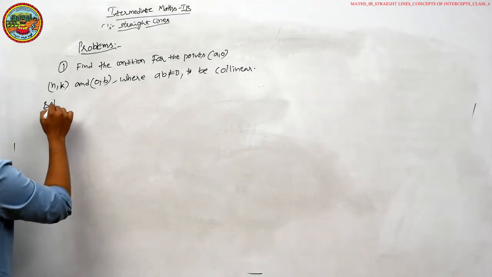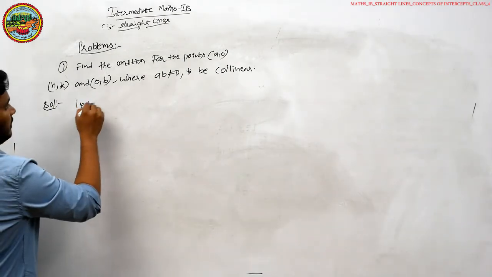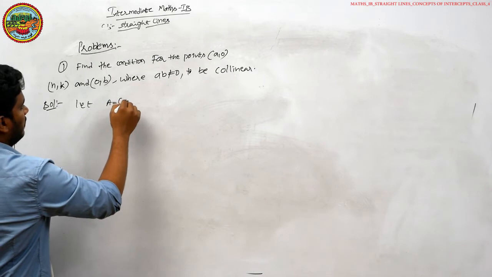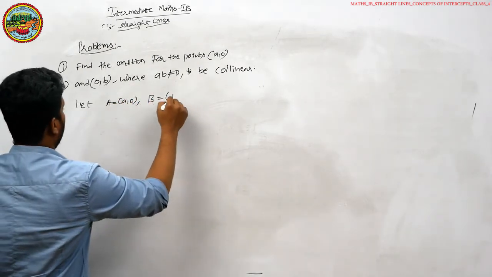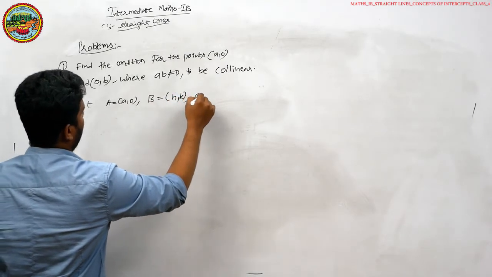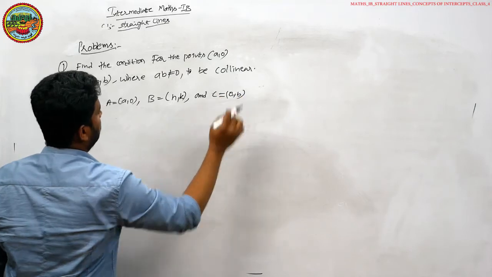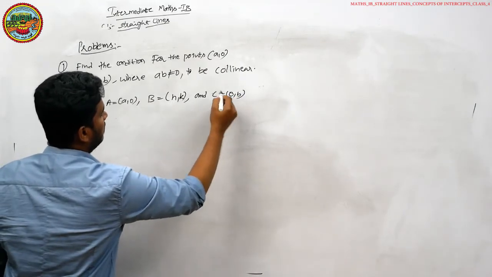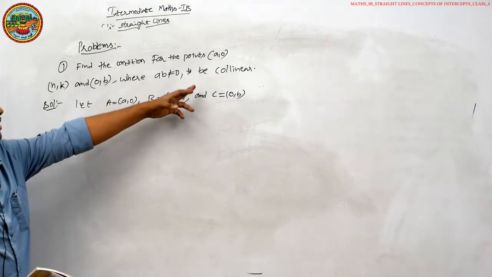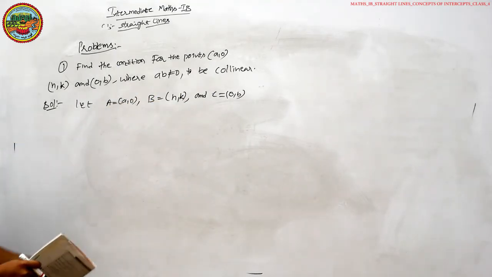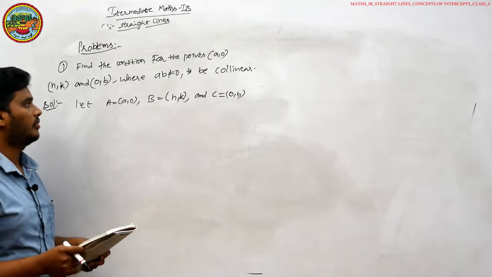So solution: let A is equal to (a, 0), B is equal to (h, k) and C is equal to (0, b). Given that these 3 points are collinear, we have the condition that slope of AB is equal to slope of AC.